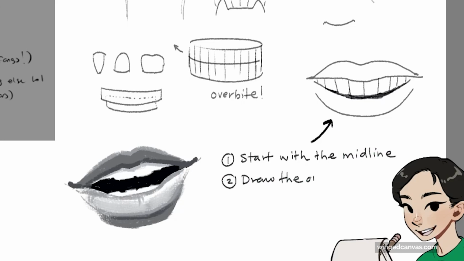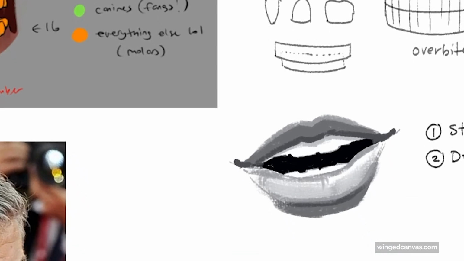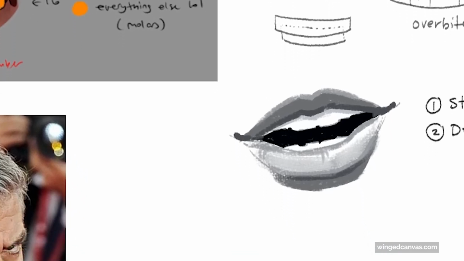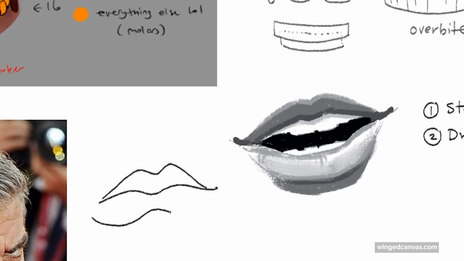So if the mouth is not open, let's say the mouth is closed, like let's take this mouth, for example. If I was to draw this mouth, a lot of people might draw it like this. They'll start by drawing this squiggly line, and then they add more squiggly lines.